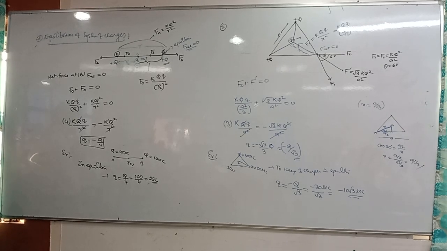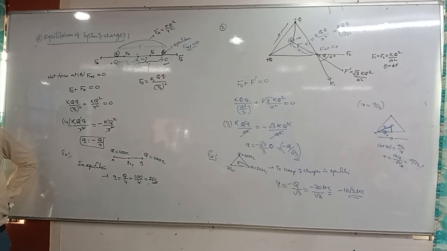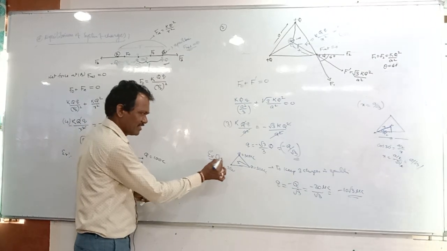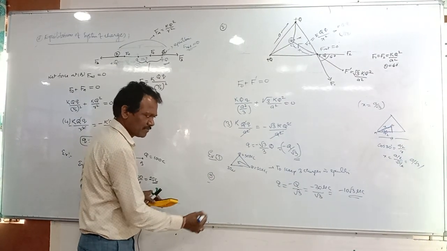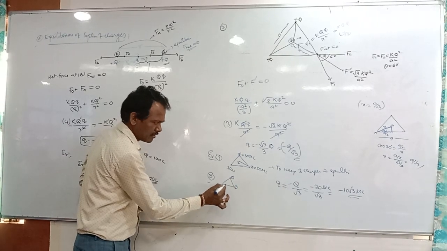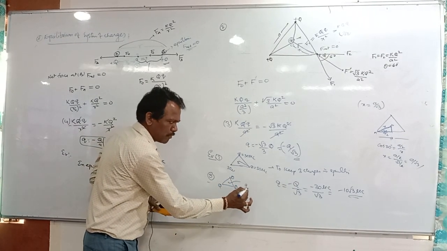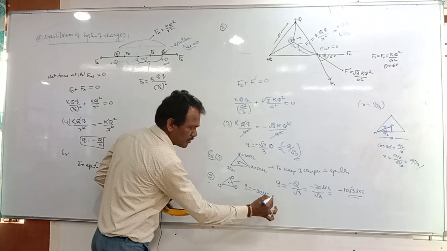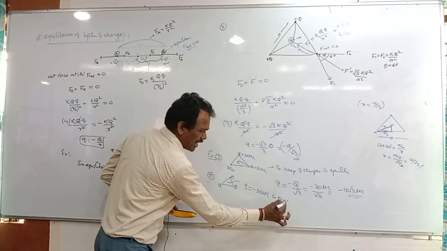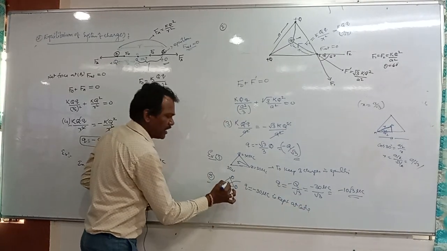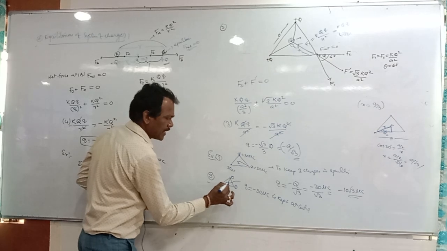Completed? And tell me here, next example 2. Here Q charges we have taken, right? A small q of minus 30 microcoulomb is kept at the center of an equilateral triangle, right?